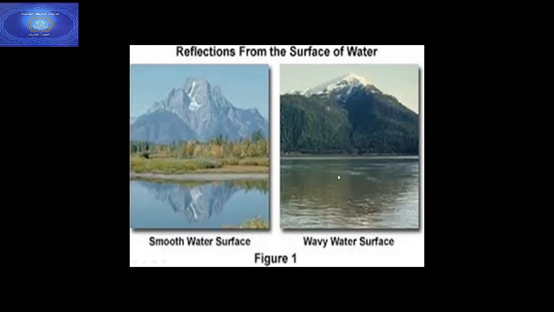Clear water here reflects light. Look here, we have an image of the mountain in the water. That means clear water reflects light. Also here, smooth water reflects light.